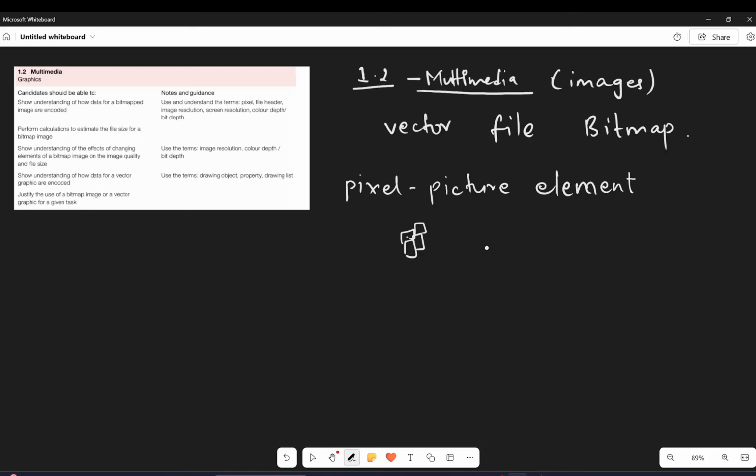That's why a general rule of thumb whenever we're deciding on a phone to buy, whether it has a good camera or not, was through megapixels. How many megapixels does it have? How many 10 to the power 6 pixels can the camera capture? Meaning a 12 megapixel camera would be able to capture 12 million pixels in a single image.